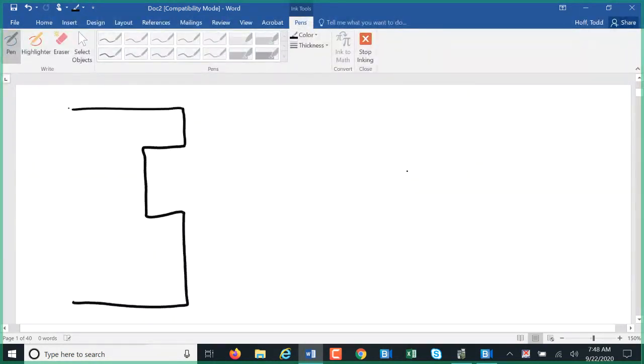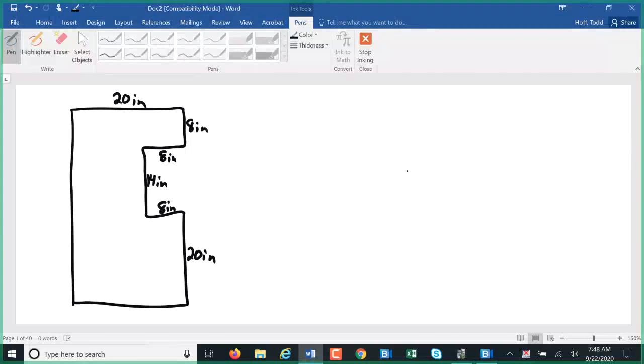Like this one. Again, we're going to assume that all corners here are right angles.